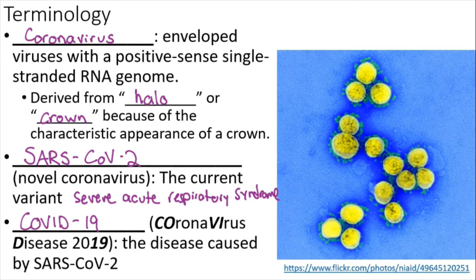Viruses are not alive. They cannot survive on their own. That's why they need our cells to be able to replicate. And also, when you hear people talking about things, sometimes people mix up these three different terms. But I wanted to just inform you of what those specific terms are.